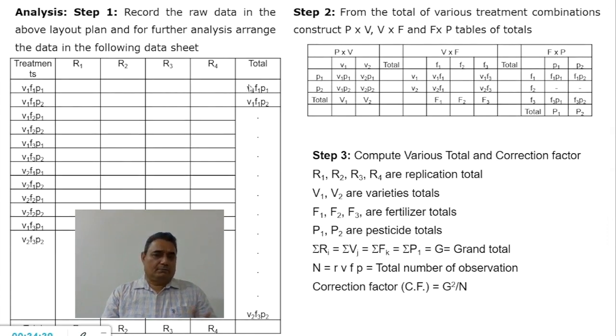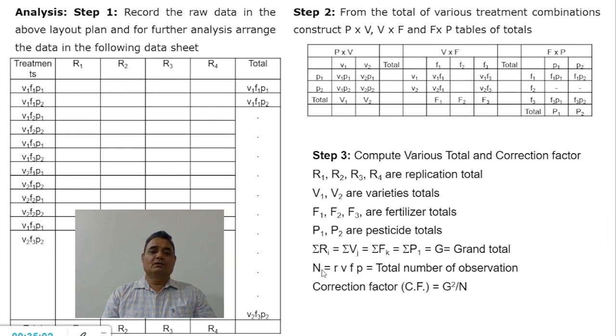After preparing all these tables, we compute various totals and the correction factor. R1, R2, R3, R4 are the replication totals, V1, V2 are the variety totals, F1, F2, F3 are the fertilizer totals, and P1, P2 are the pesticide totals. Then we compute the grand total by adding all the observations.